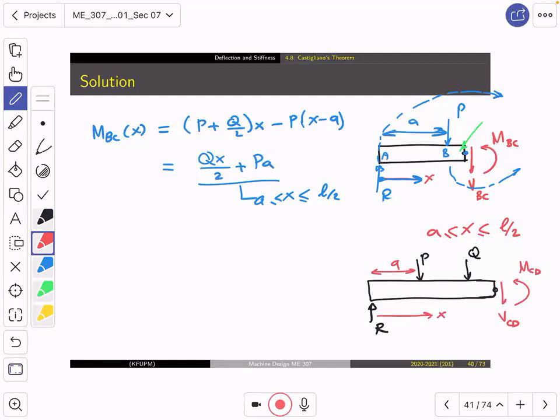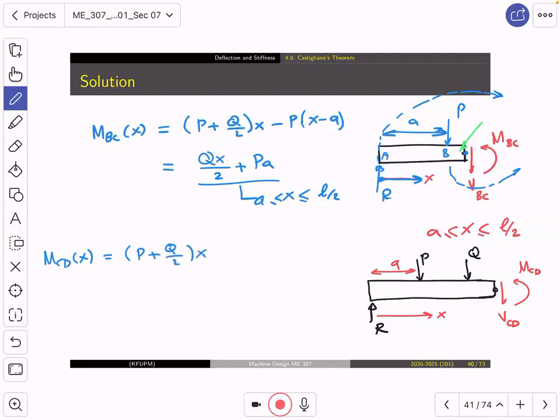In this case, you need to be very careful not to make a mistake, because the equation is not getting difficult, it's just getting bigger, adding more terms. MCD of X is equal to P plus Q over 2 times X. Look, this is similar to this part.